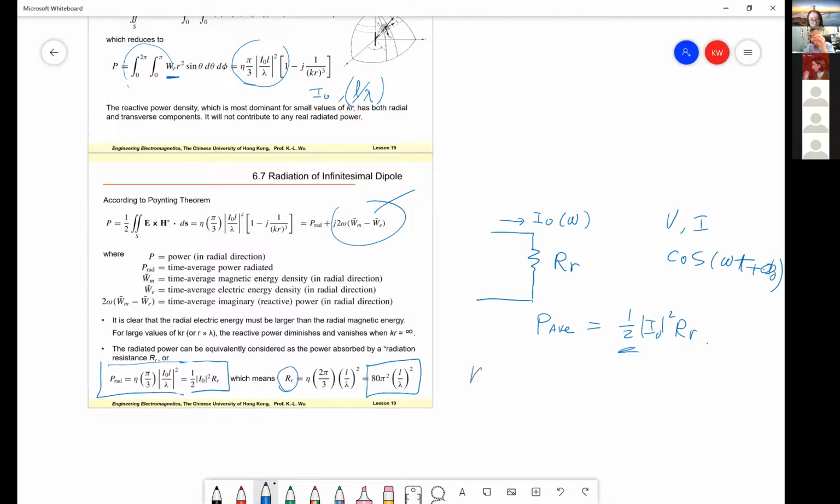Don't forget, this is a wave impedance. I already repeated it 100 times, or at least tens of times. This is 120 pi, the intrinsic wave impedance for a plane wave traveling in free space.